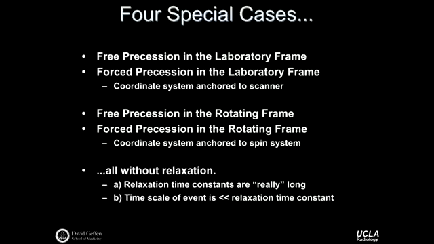So the different special cases that we could talk about include free precession in the laboratory frame or forced precession in the laboratory frame. And that's, again, the coordinate system that's anchored to the scanner. Later, we'll make a transition into the so-called rotating frame. It's sort of like getting on the merry-go-round, right?